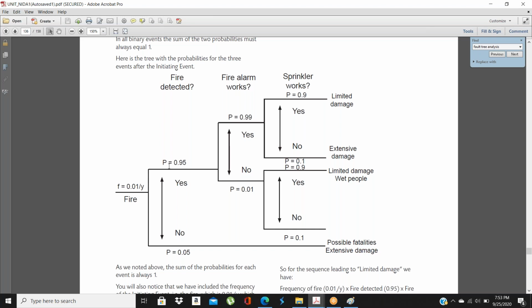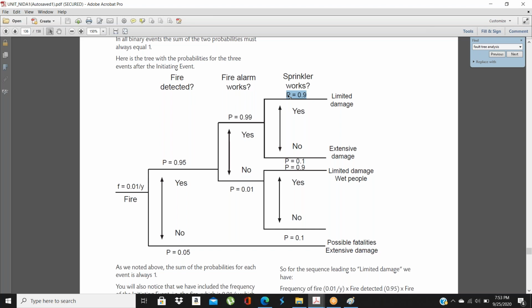Then, does the fire alarm work or not? If yes, the probability of success is 0.99. Then the sprinklers start working or not. The success of the sprinkler system is 0.9, which means 90%.